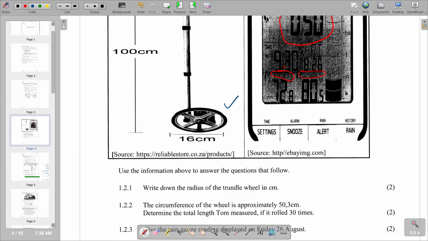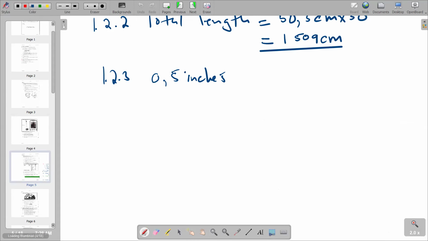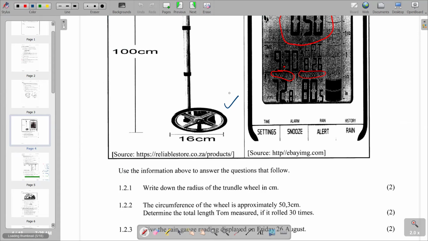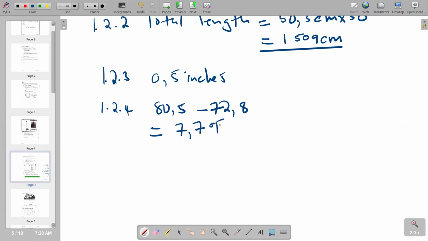So that's how we calculate it, in 1.2.4: 80.5 minus 72.8. The final answer that you're going to get is 7.7. We refer back and see that we present it in Fahrenheit.